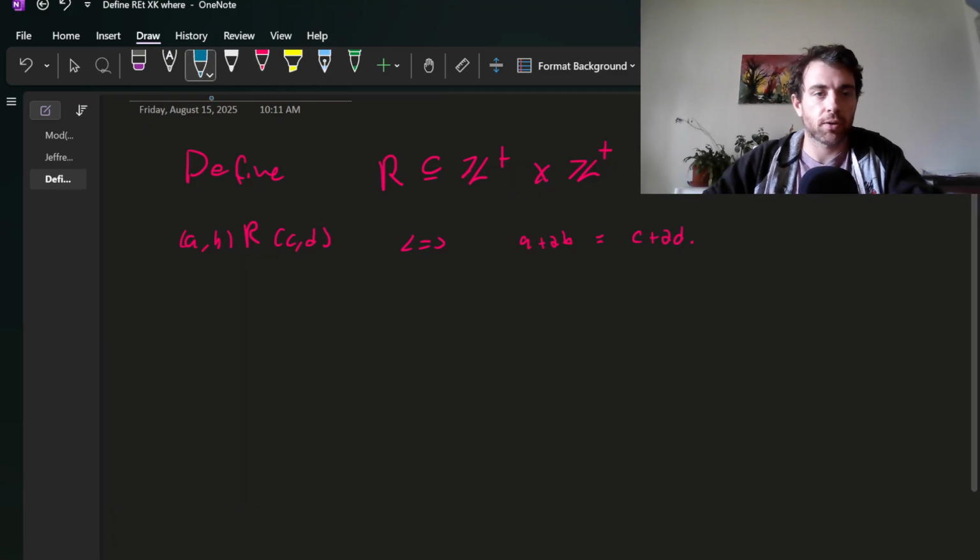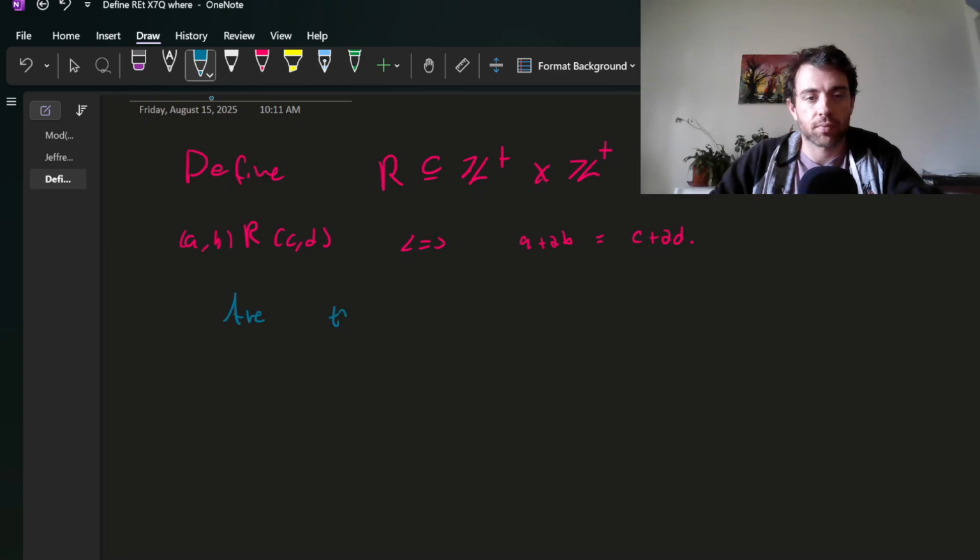So in particular, two questions essentially are: are there any equivalence classes with 13 elements, and I think the other one is 273 elements.